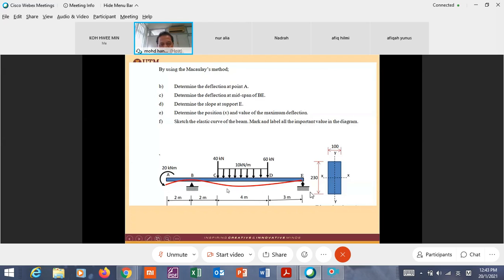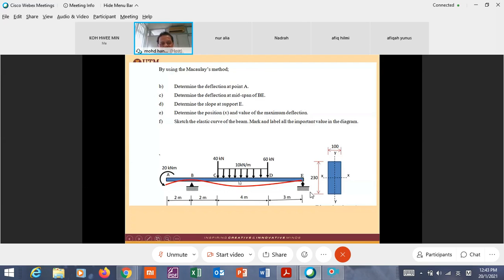So how do we determine the deflection at midspan of BE? It is simple. You have 3, 4, 2, that means 4, 2, 6, 9.